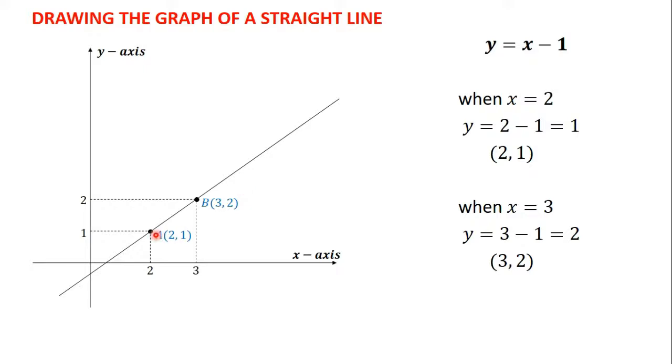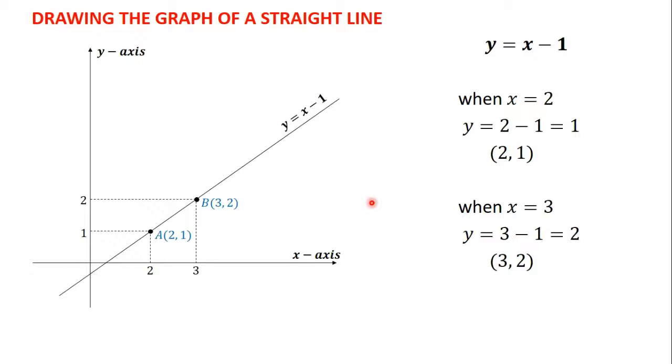So we draw a straight line through the point A and the point B, and this will give us the line y is equal to x minus 1. So you can see that in order to draw the graph of a straight line, all you need is at least 2 points that fall on the line. All the other points will fall on the line, so you need just 2 of them to draw the graph.